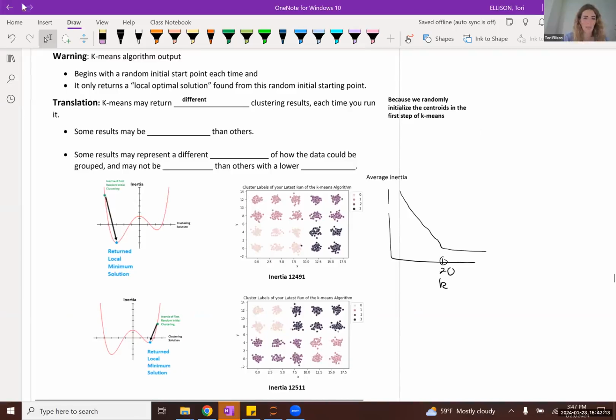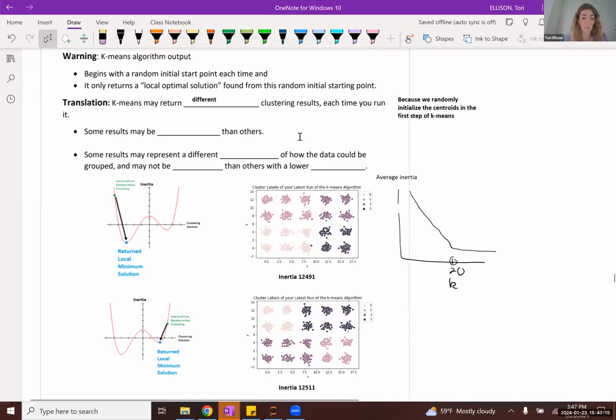It is possible that some results may be better than others. But as we're seeing in this example, some results may represent simply a different facet or aspect of how the data could be grouped, and may not necessarily be worse than other clusterings with a lower inertia.